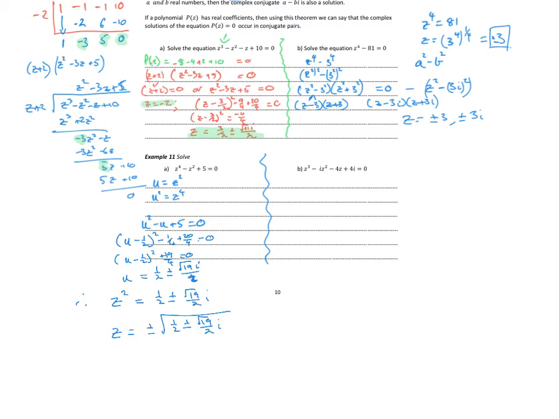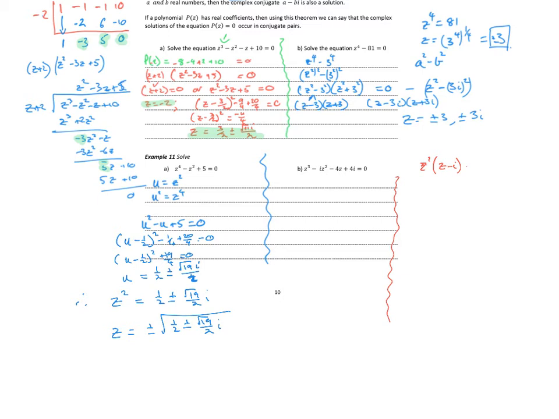Okay, so this last one here, believe it or not, it is one of those ones that we can factorise by inspection. If I look at the coefficients of all of the terms, I've got 1, i, 4 and 4i. If I multiply the coefficients of those first ones together, I end up with the last term, which suggests that I can factorise by grouping. So if I take a z squared out the front of the first term, that leaves me with a z minus i.